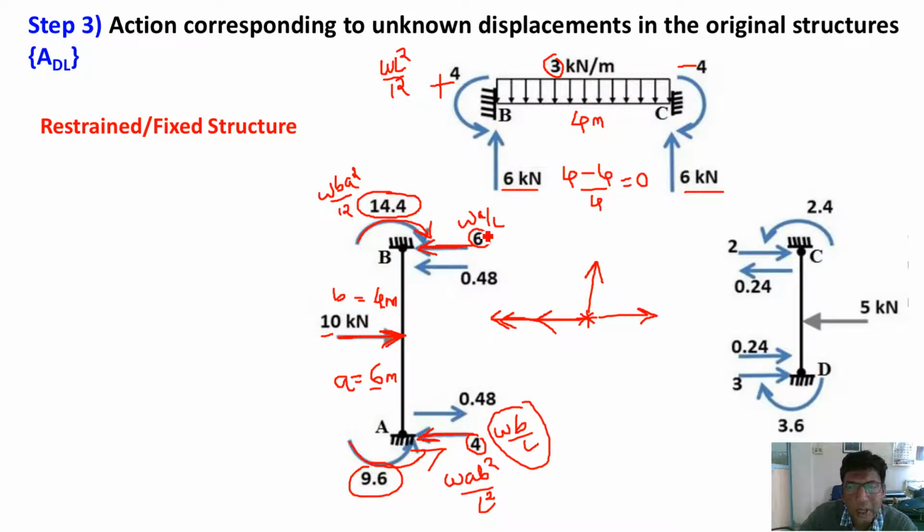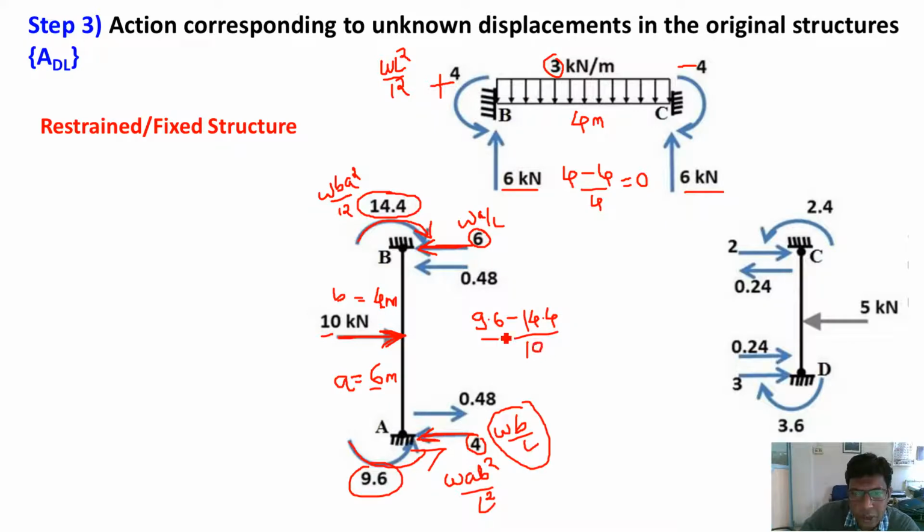Now we have to find the reaction due to moments. Reaction due to moments again uses the same concept. It is the sum of moments divided by span. What is the sum of moments? It is plus 9.6 on the left end and minus 14.4 at joint B, divided by span, which is 10.